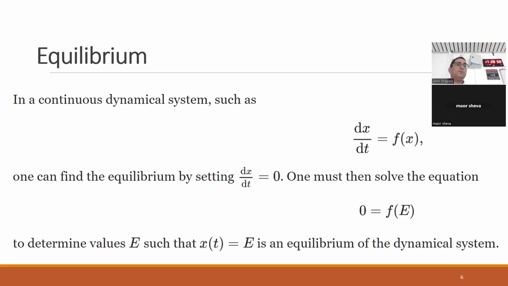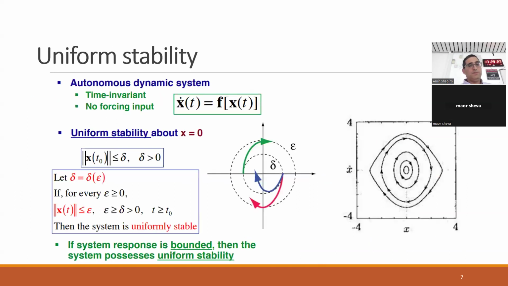The equilibrium is x such that f of x, or f of the equilibrium state, is 0. And then we need to determine the value of E such that x of t is E, that it is an equilibrium of the dynamical system, meaning in this point f of E is 0.